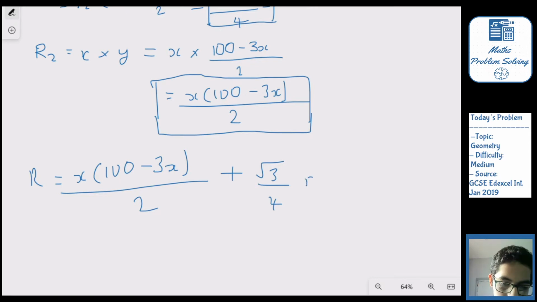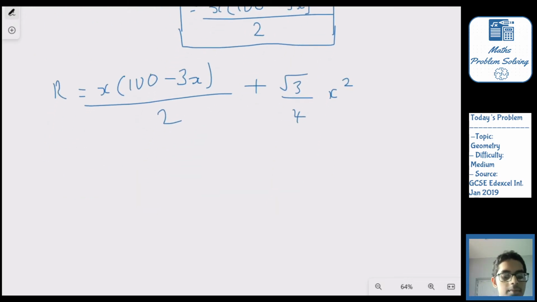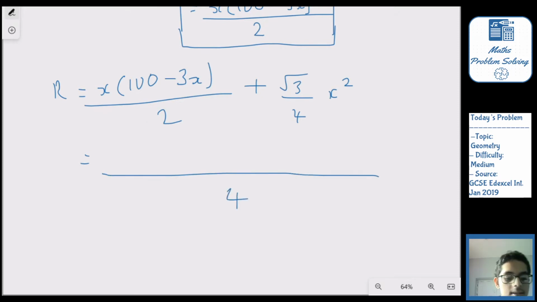Let's write this a bit more concisely. We can write this as everything divided by 4. So 2x times 100 minus 3x plus the square root of 3 times x squared.